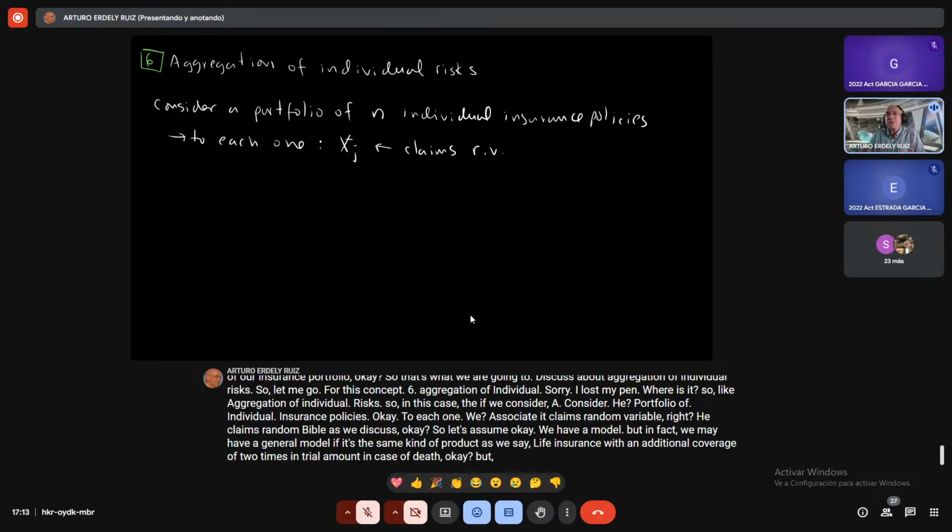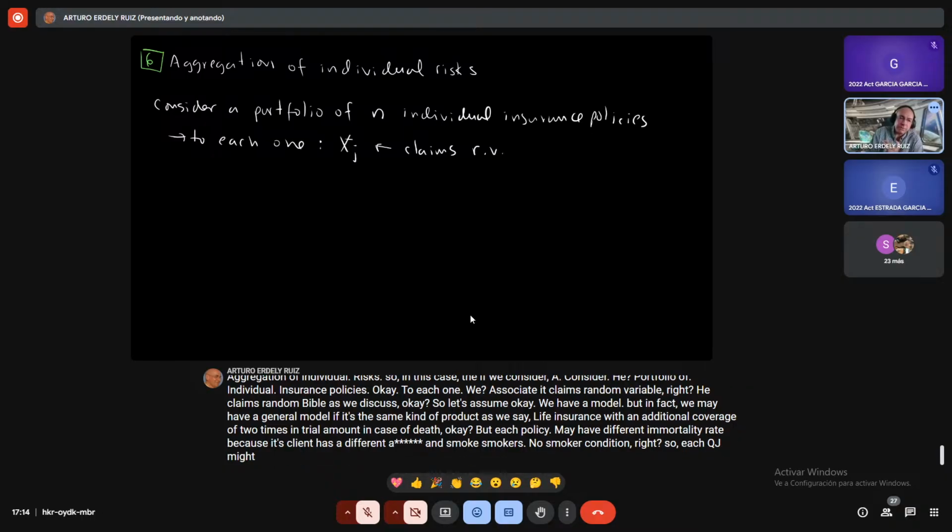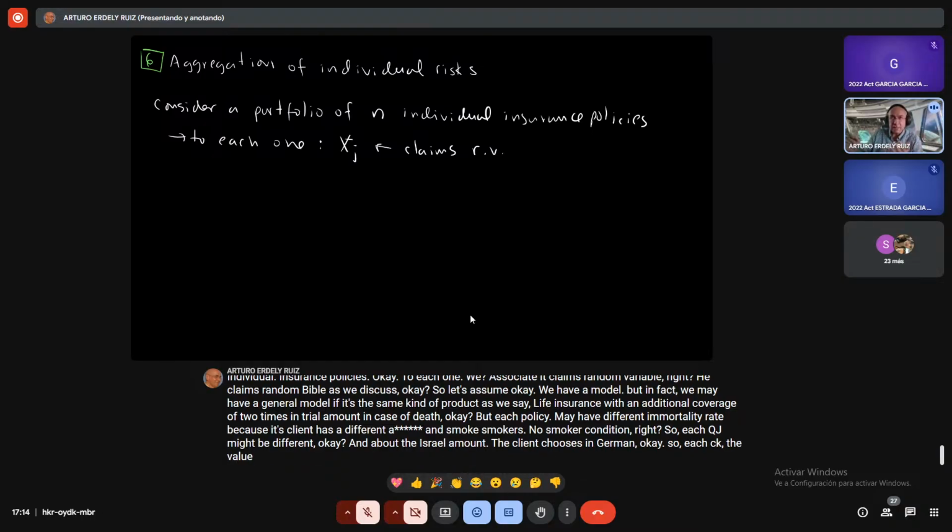But each policy may have different mortality rate because each client has a different age, sex, and smoker, no smoker condition, right? So each QJ might be different, okay? And about the insured amount, the client chooses the insured amount, okay? So each CJ, the value CJ is going to be different, okay?